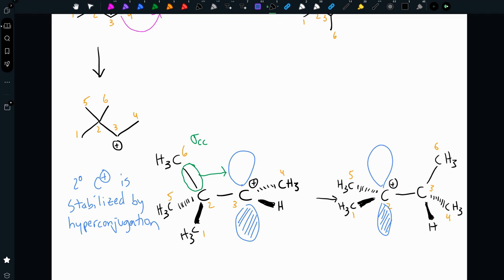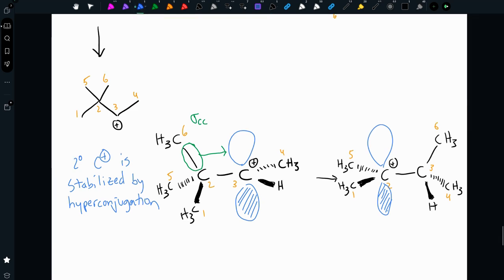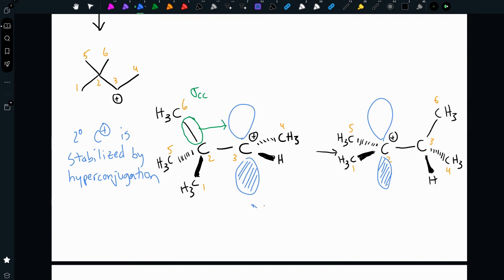Notice now our carbon chain has changed. We call this an alkyl shift. And really an alkyl shift is just hyperconjugation to the extreme.